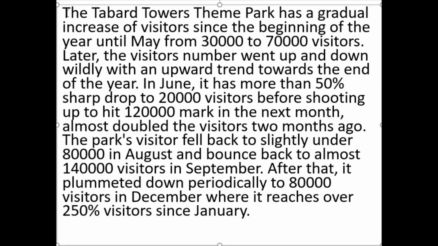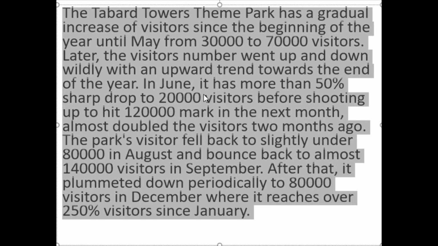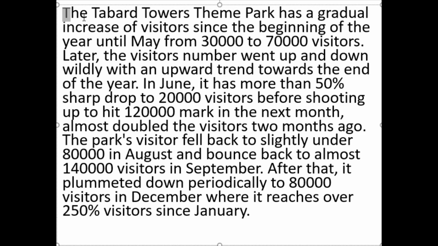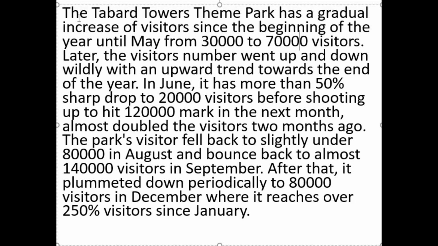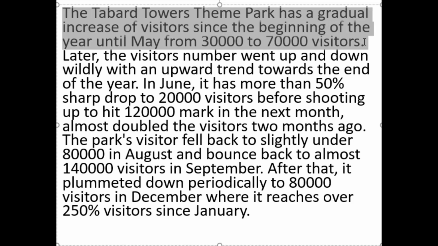Okay, so here is our body. You'll notice it's one single paragraph, which is a problem. But let's look at the topic sentence. It says the Tabor Towers theme park has a gradual increase of visitors since the beginning of the year until May from 30,000 to 70,000 visitors. So just remember, your topic sentence of your paragraph tells the reader what the topic of the whole paragraph is going to be about.